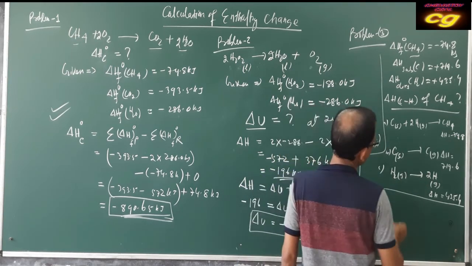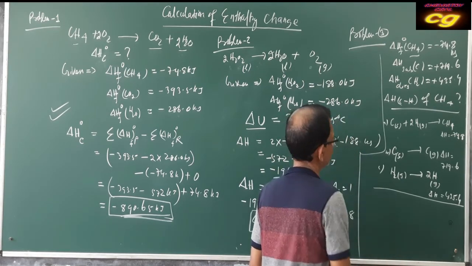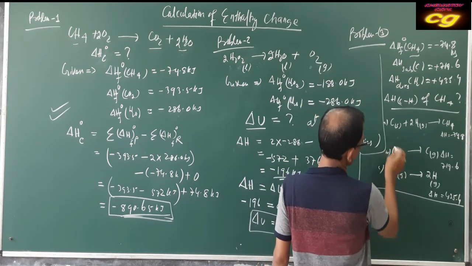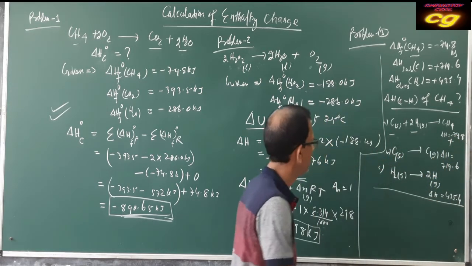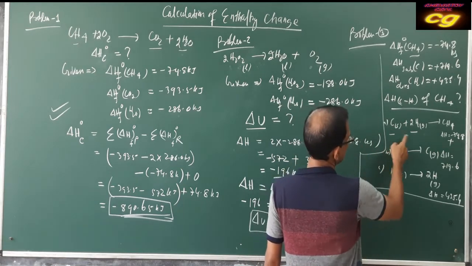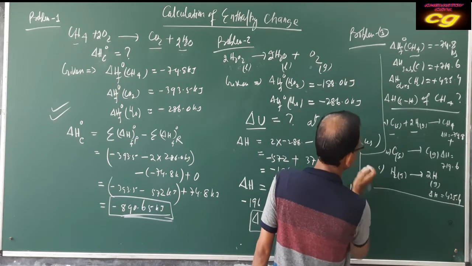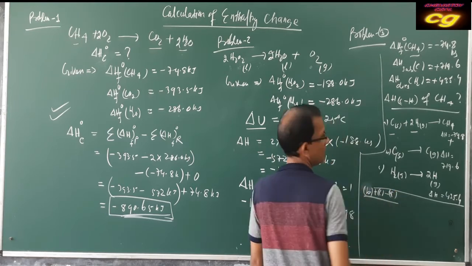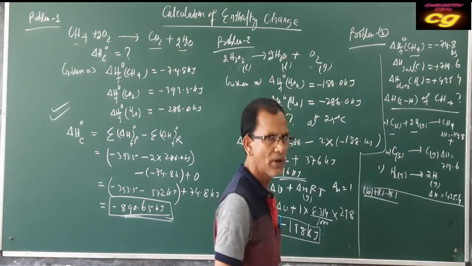So if you write this one, just write here equation 2 minus, here plus. That means what you will do? Just to check, equation B plus C minus A. This is the expression B plus C minus A, so that we will get the value of methane.